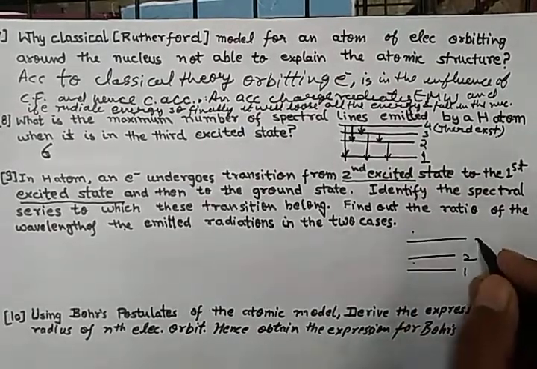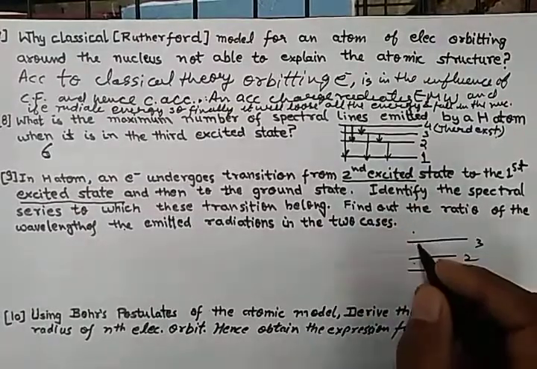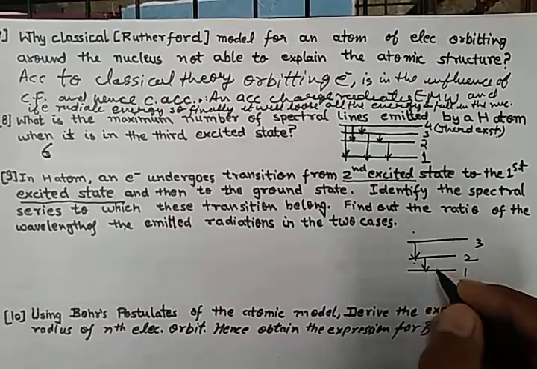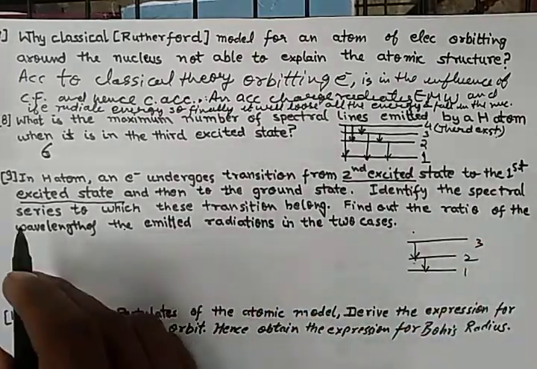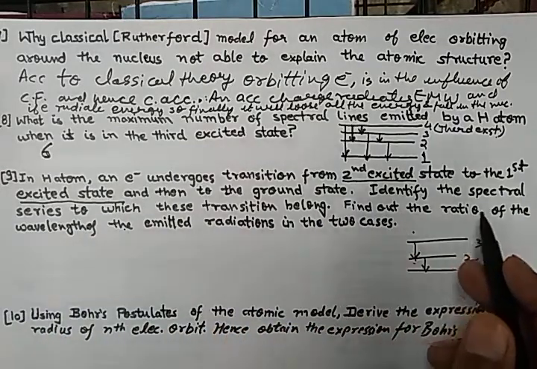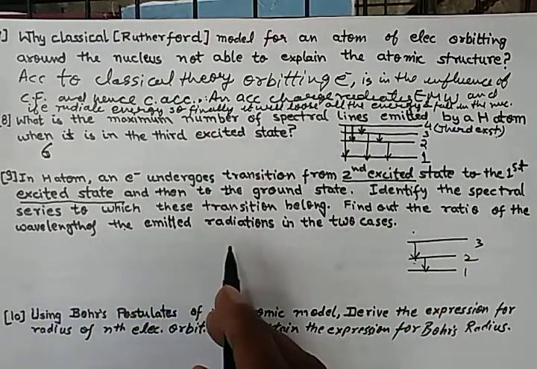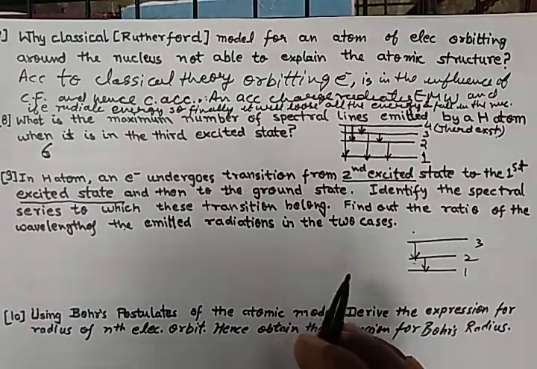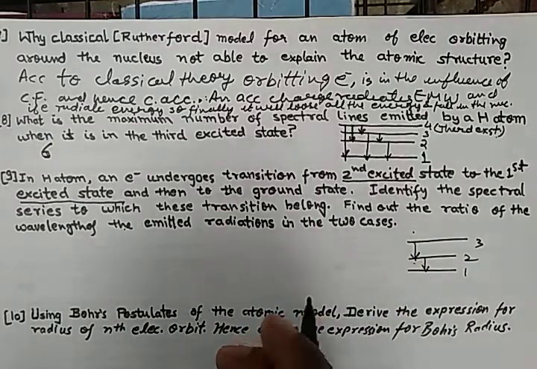Second excited state to first excited state, and then first excited state to ground state. Identify the spectral series to which these transitions belong. Find out the ratio of wavelengths of emitted radiations in the two cases. Okay, so many things they have mixed in a question.